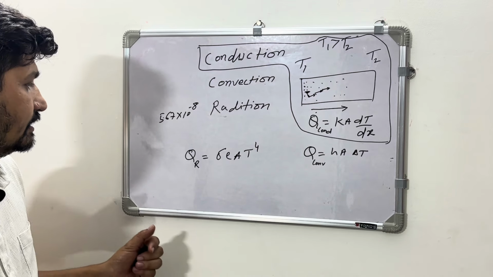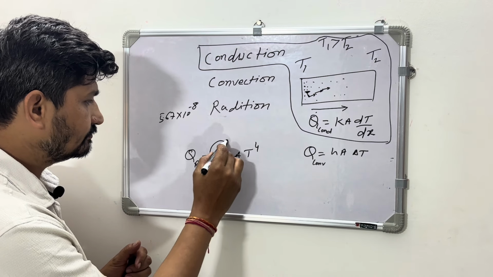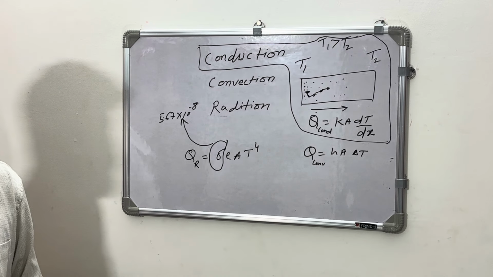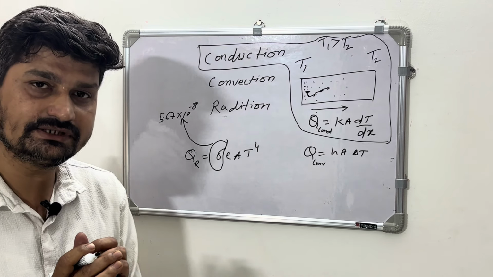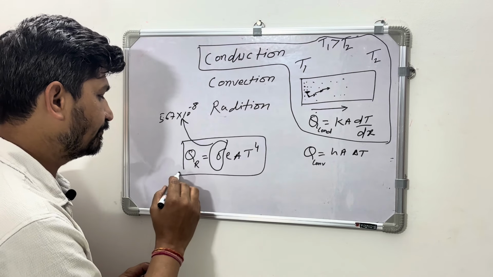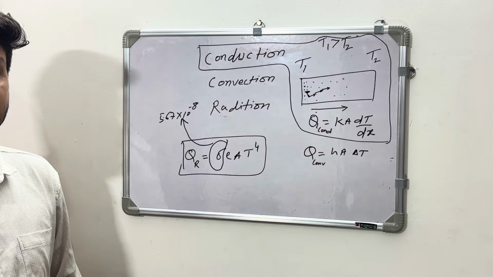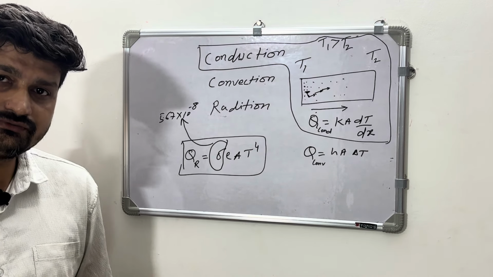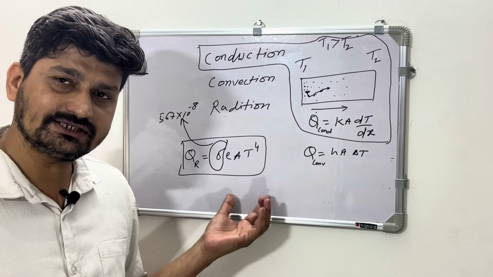But the constant term multiplied with it is very small. So for lower temperature values, this radiation term is negligible. Although radiation heat is there everywhere, this term is very small.